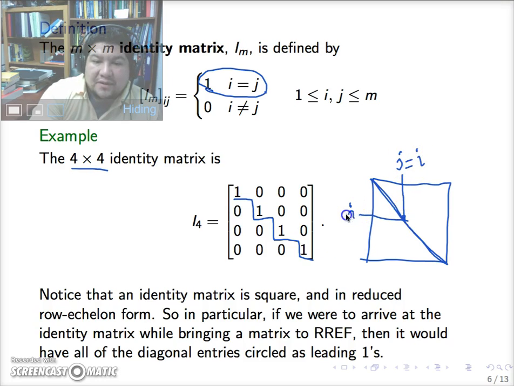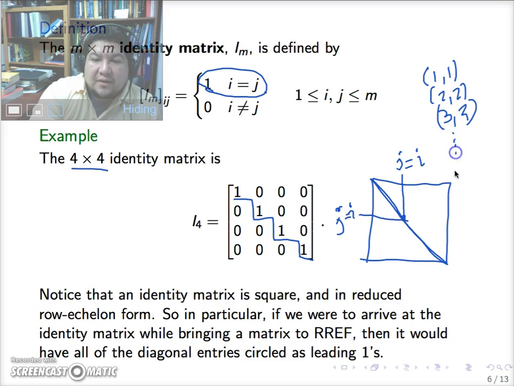So the row number and the column number are the same. These entries are going to be on row 1, column 1, row 2, column 2, row 3, column 3, all the way through, I don't know, row 100, column 100. So row number and column number are always matching. And so those are the entries that appear on this part of the matrix.